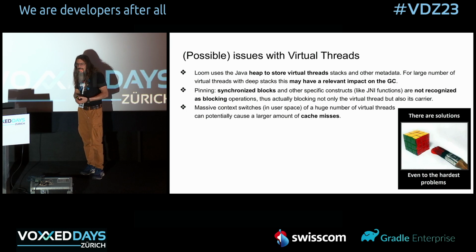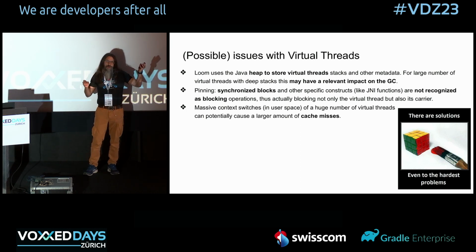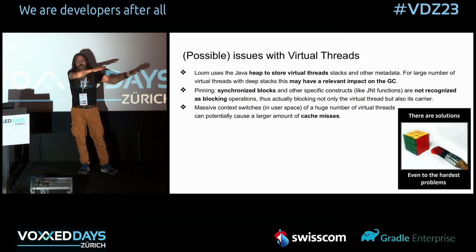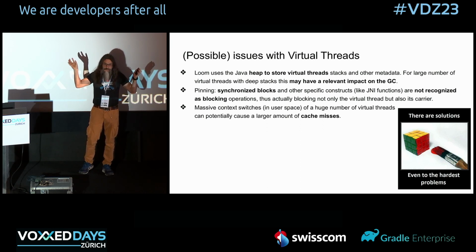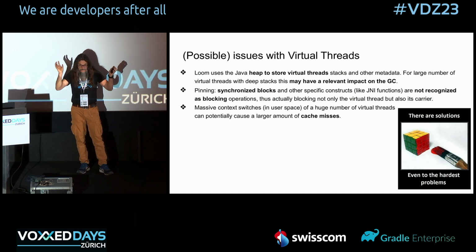But what may happen is that, okay, you have a virtual thread running on a carrier that is running on a core of your CPU, and then, as I said, the virtual thread performs a blocking operation, and when it does, it goes to sleep, and then when the blocking operation terminates, it wakes up, but typically can be woken up on a different carrier.